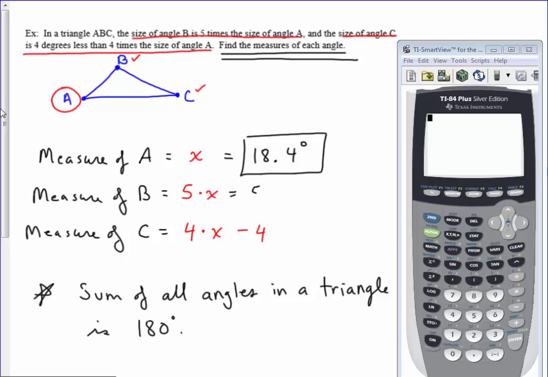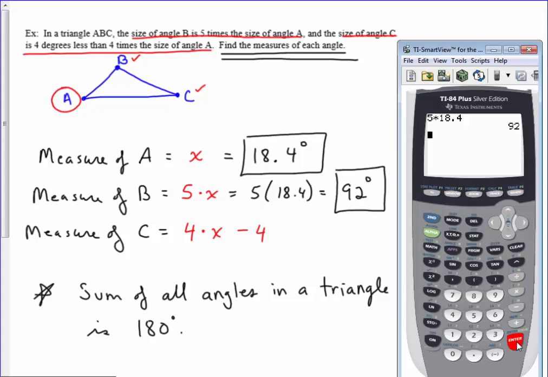So this one would be 5 times 18.4. Can do that on the calculator. 5 times 18.4. Get a result of 92. So the measure of angle B would be 92 degrees.